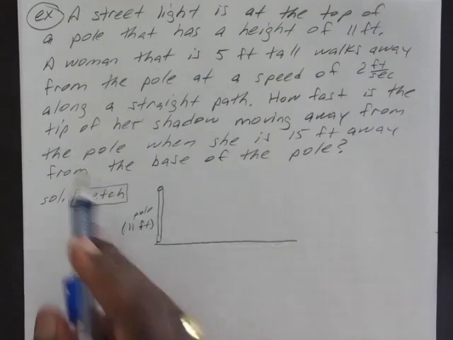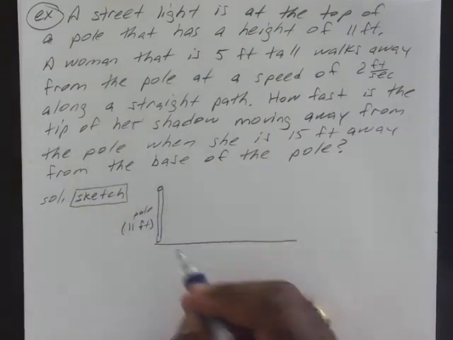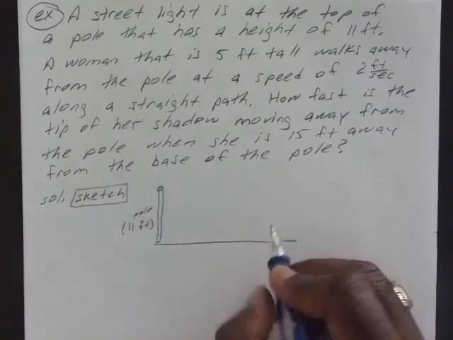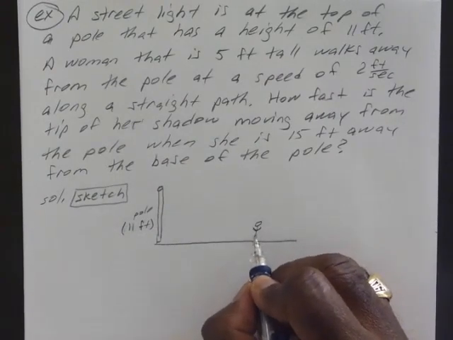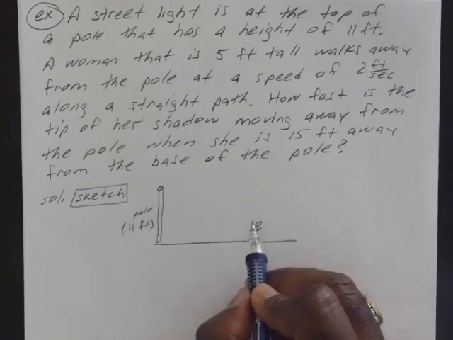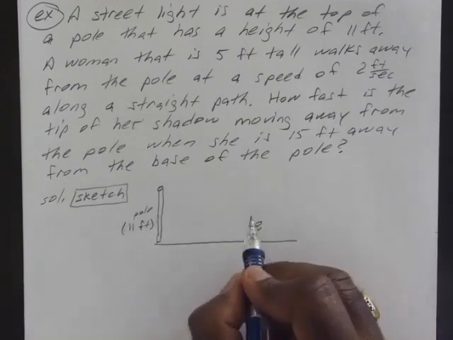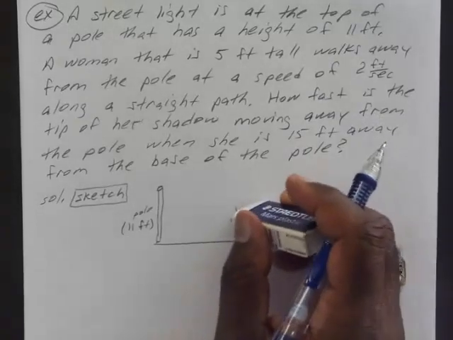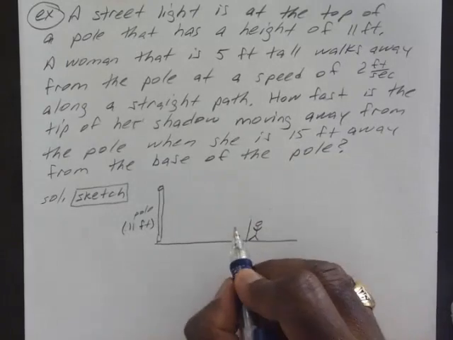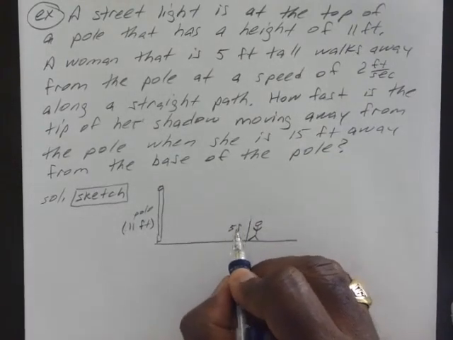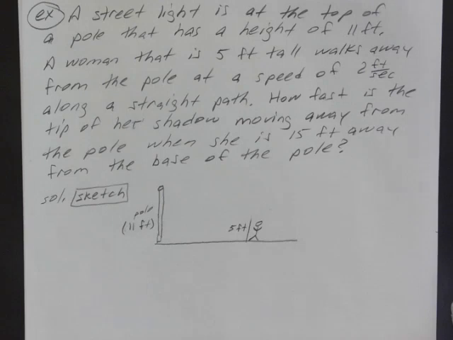Okay, so she's walking along a straight path. So let's just say this is the ground. And here she is at 5 feet, walking away from the pole.